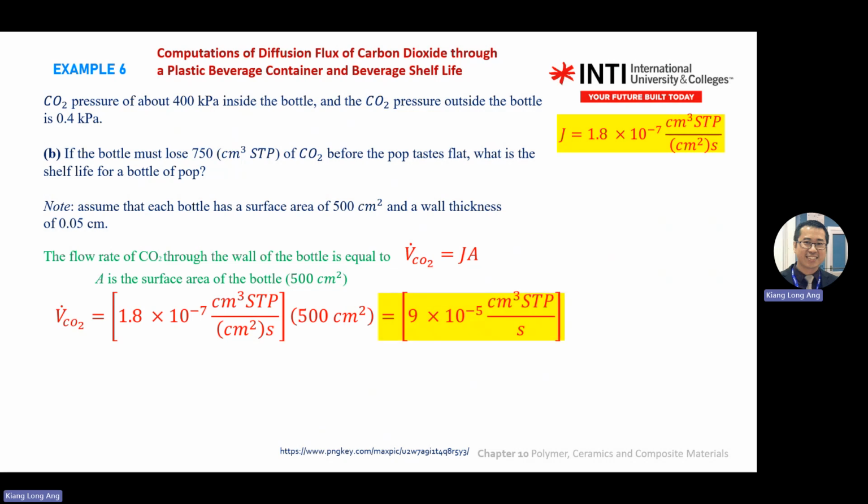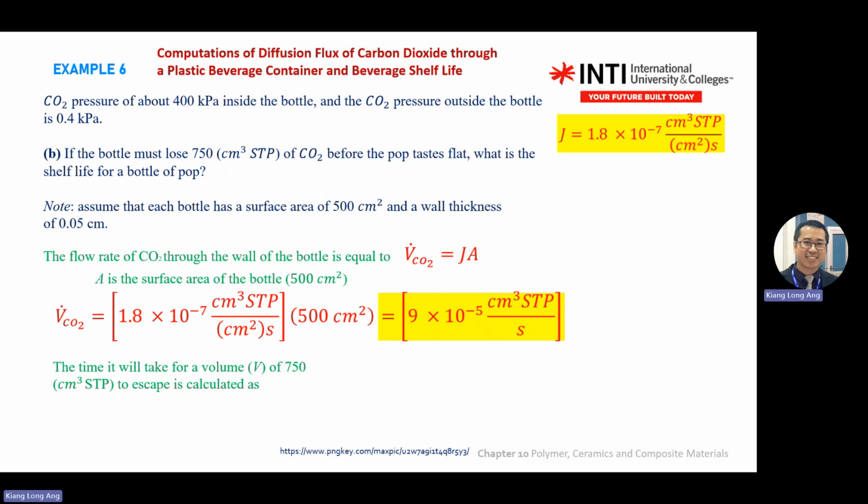You need to remember this unit, cm cube standard pressure divided by area, cm square. But it will be given in the question, just copy only. So you find the volume lost per second. It will take time for a volume of 750 to escape.